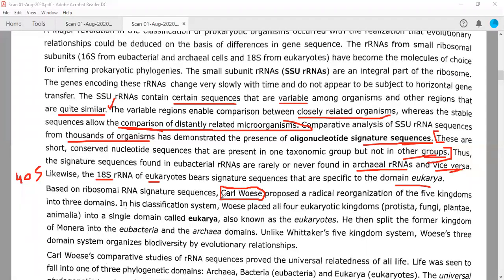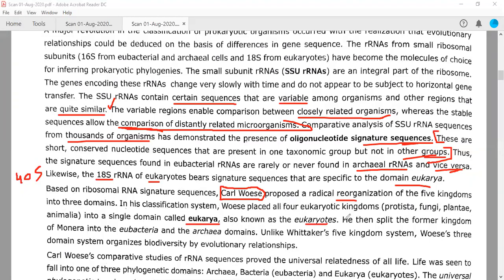Carl Woese proposed a radical reorganization. It was not new; it is a reorganization of the five kingdom classification system into the three domains. In his classification system, Carl Woese placed all the four eukaryotic kingdoms, that is Protista, Fungi, Plantae, and Animalia, into Eukarya, which is known as eukaryotes.